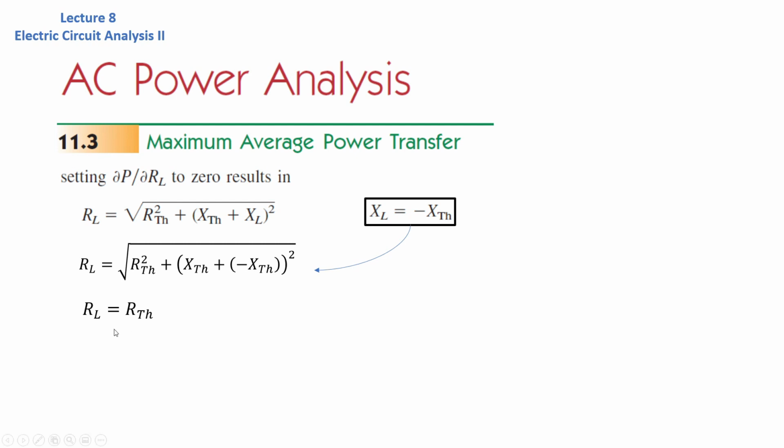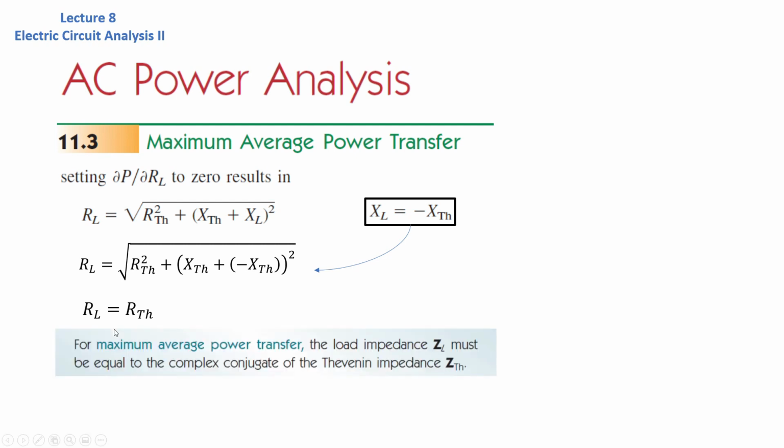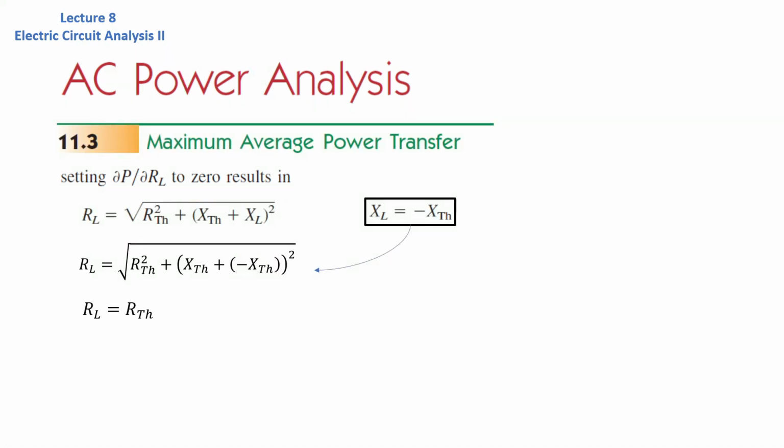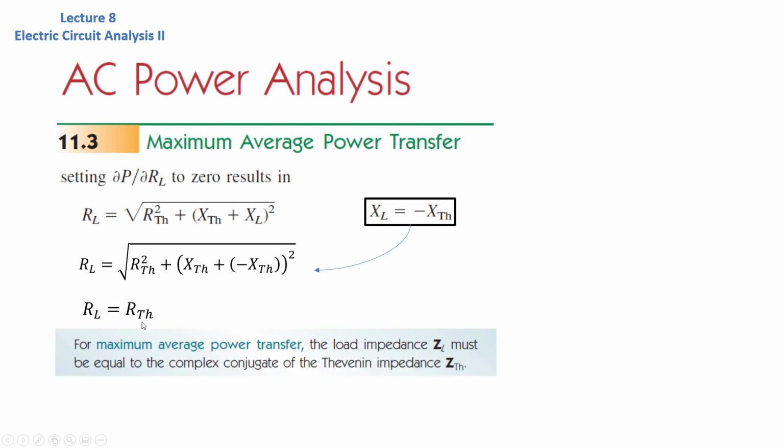So we have these two conditions. In fact, we have both conditions on this slide: XL should be equal to negative of the Thevenin equivalent reactance of the AC circuit, and RL should be equal to the Thevenin equivalent resistance of the AC circuit.